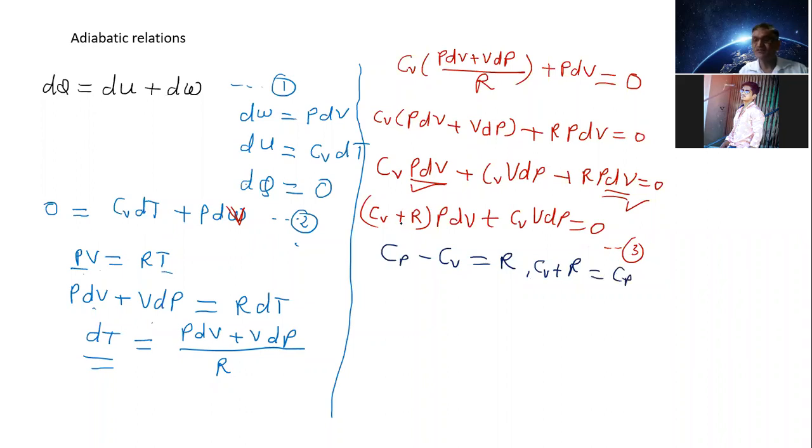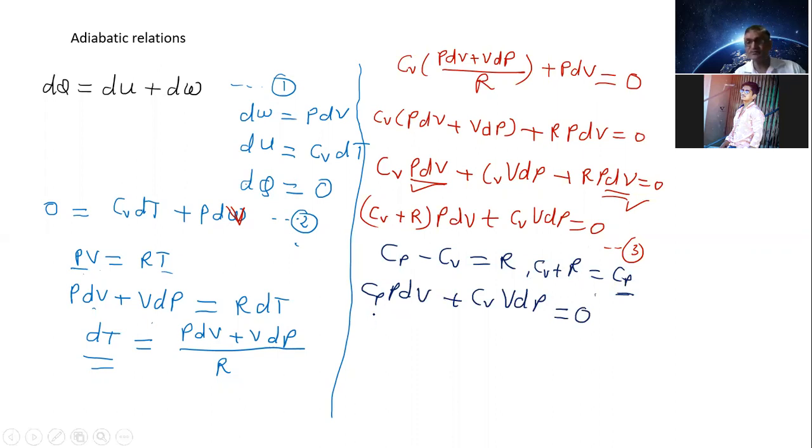We put this value in this equation. Then we can put the value of Cp, that is Cv plus R is equal to Cp, in equation 3. And therefore we can write here Cp into PdV plus Cv into VdP is equal to 0.